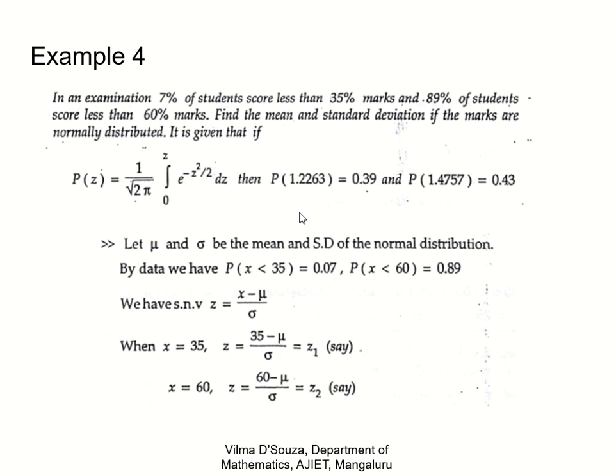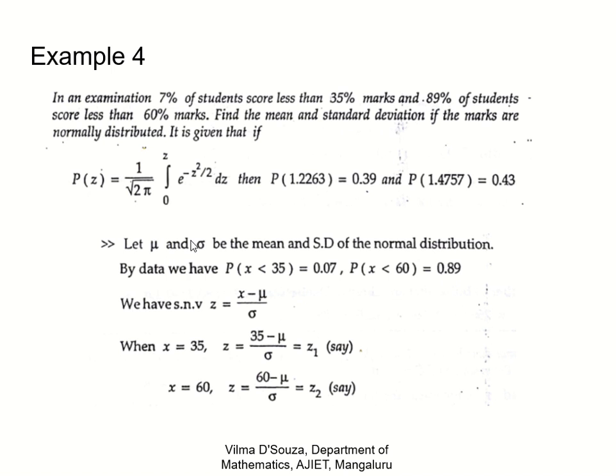So if x is the marks scored by a student, 7% less than 35. So probability of x less than 35 is 7 by 100, that is 0.07. And P of x less than 60 is 89%, that is 0.89. Find the mean and standard deviation.